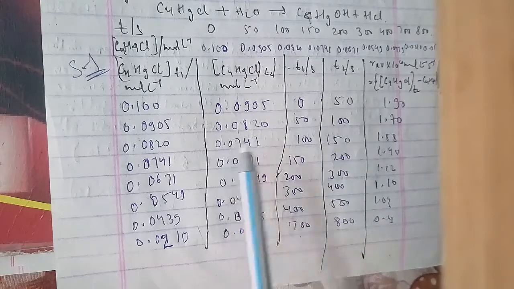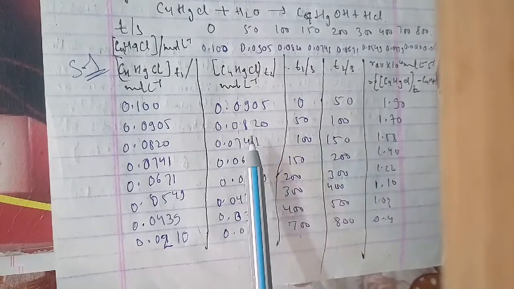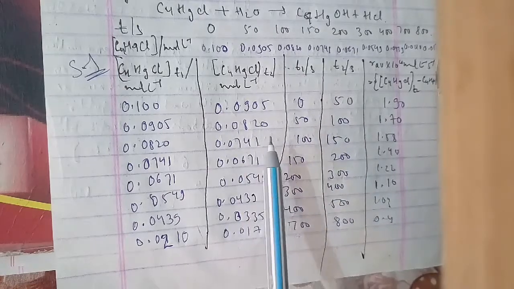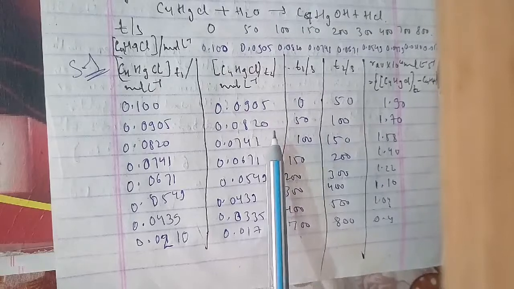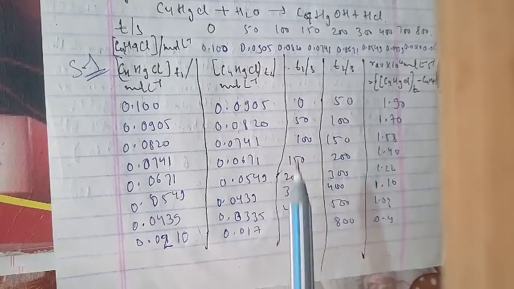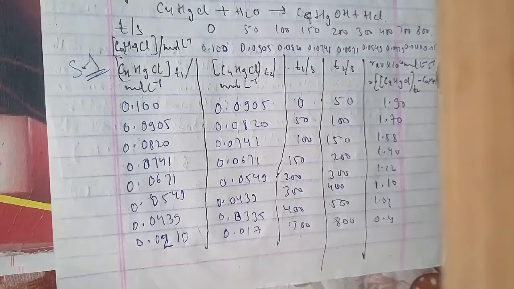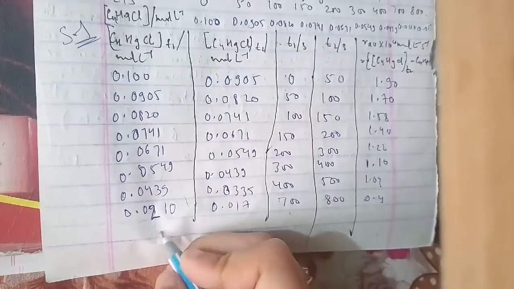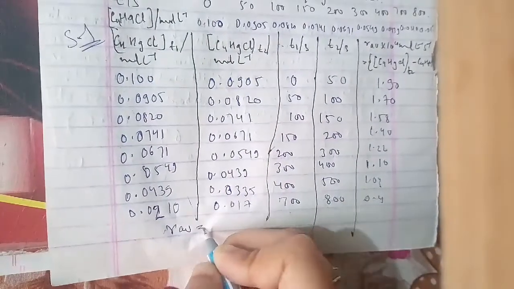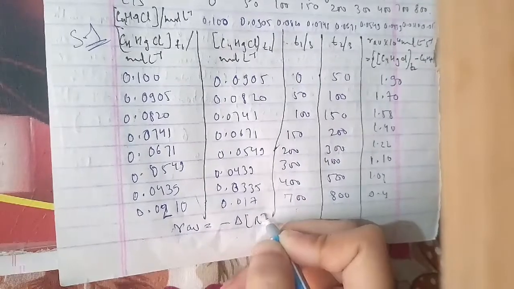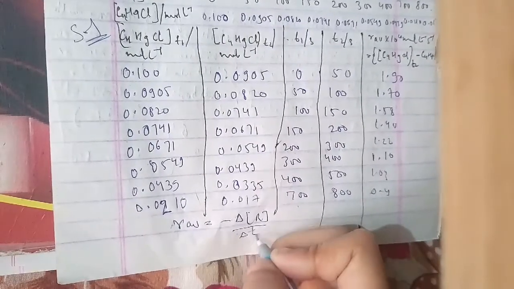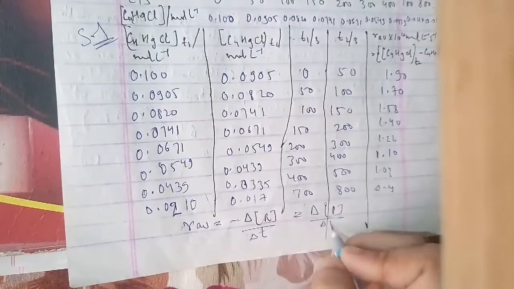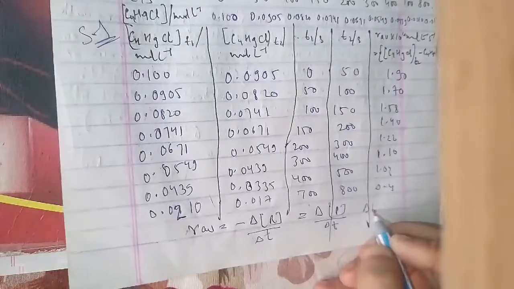r average equals to minus delta of R whole upon delta t equals to delta P whole upon delta t, as delta t tends to 0. So on the same cases we'll represent it in the form of r instant equals to minus d of R whole upon dt, which is equals to d of P whole upon dt here as well.